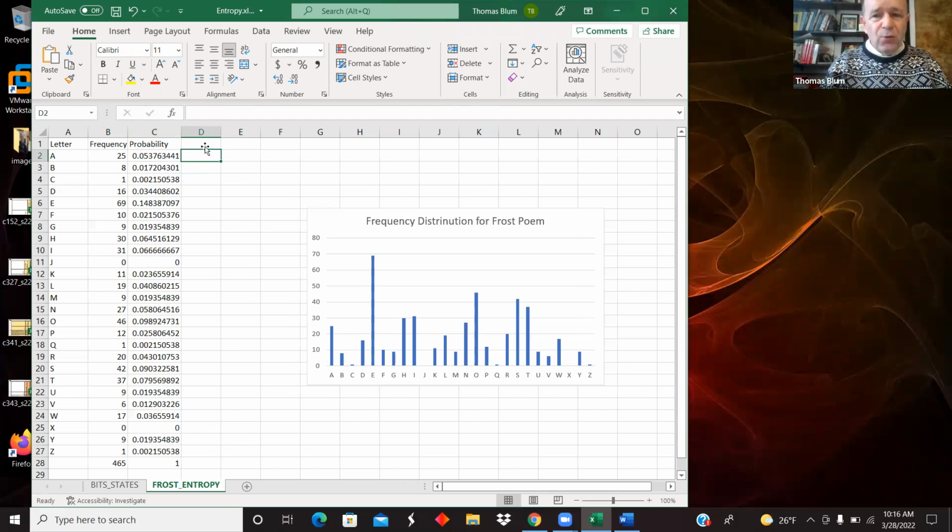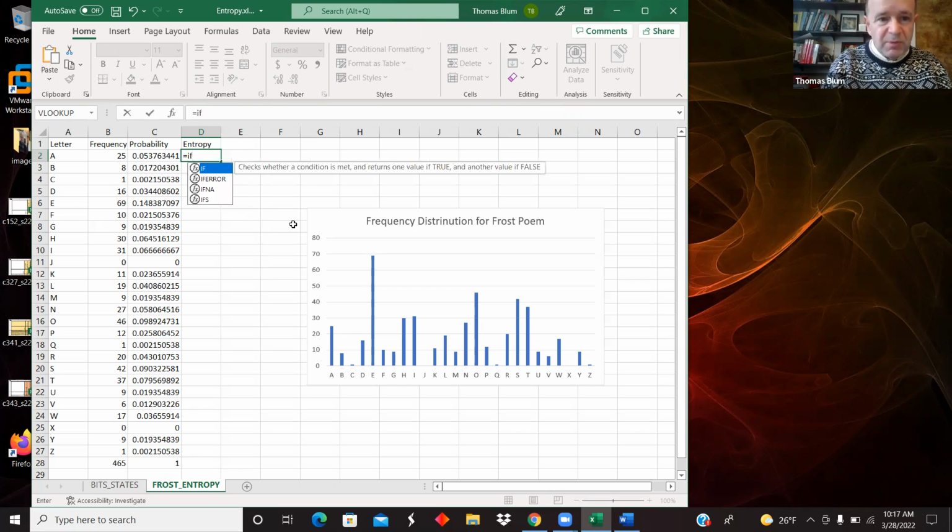Okay, now I want to do the entropy here. And that formula is minus the probability times the base 2 logarithm of the probability. But Excel is going to blow up if we try to put a 0 into that formula. So the first thing we're going to do so that we can write a formula and copy it down is protect if there's a 0 for the probability.